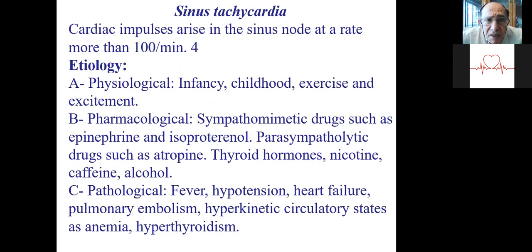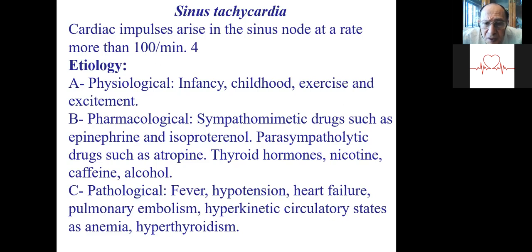Now we start with sinus tachycardia. The causes are physiologic, pharmacologic, and pathologic. Physiologic: during infancy and childhood, the heart rate is usually above 100; during exercise and during emotion and excitement, the heart rate increases. Pharmacologic: if you give a sympathomimetic drug, Ventolin, epinephrine, it causes tachycardia.